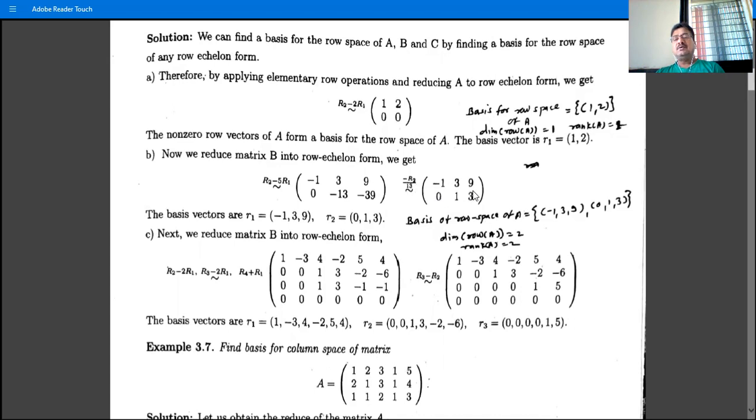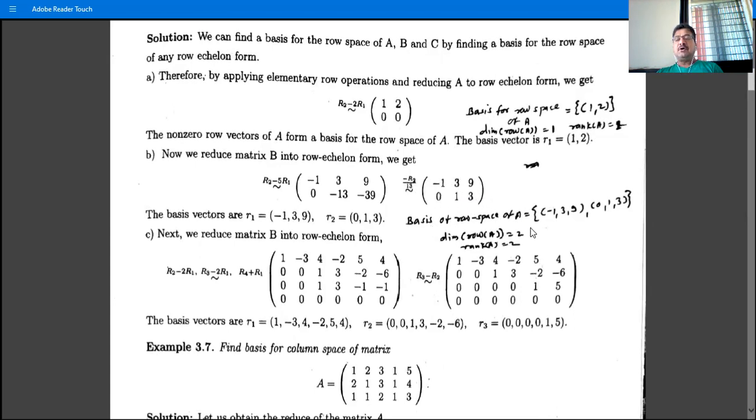So if anyone finds another form of echelon form, it also contains the same number of non-zero rows, that is two non-zero rows. So this answer is unique, that this matrix contains two non-zero rows, but its forms are different.